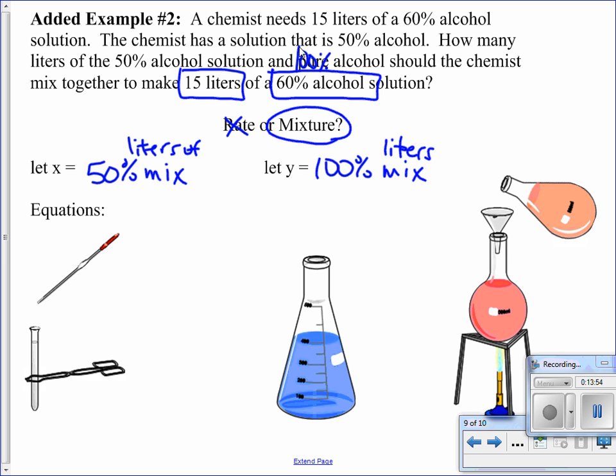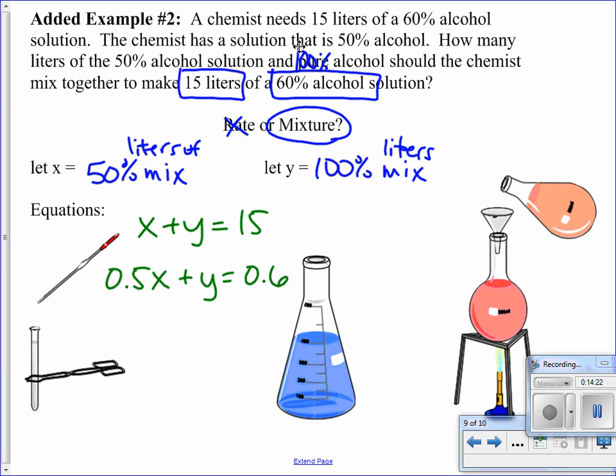So my x plus y equals 15, because the number of liters for the 50% and the number of liters for the 100%, I've got 15 total liters. And my alcohol solution, well, 50% mix is like 0.5, half of the x, and then a pure y is 100% or 1, and I need that to equal 60%, which is 0.6. And then we solve it like we did before.